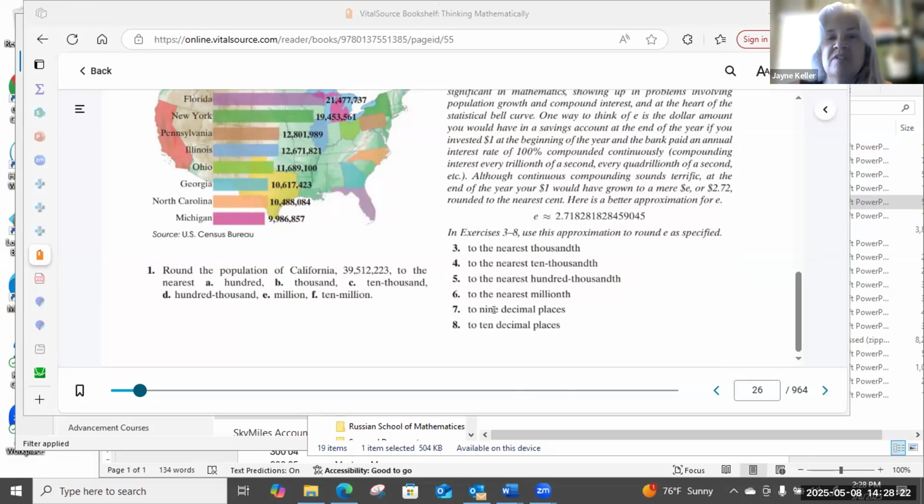Okay, what else? Sometimes it'll just say to a certain number of decimal places. Like number 7, to 9 decimal places, then I just count what's the 9th spot after the decimal point. So 1, 2, 3, 4, 5, 6, 7, 8. This is in the 9th spot.